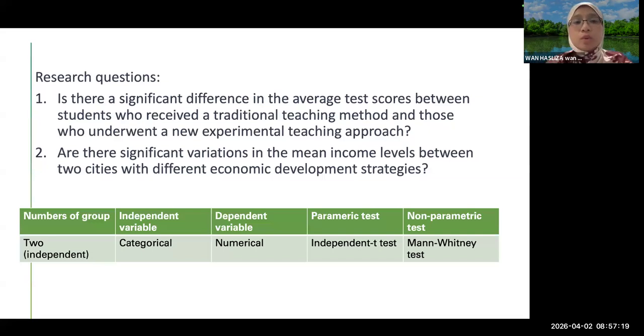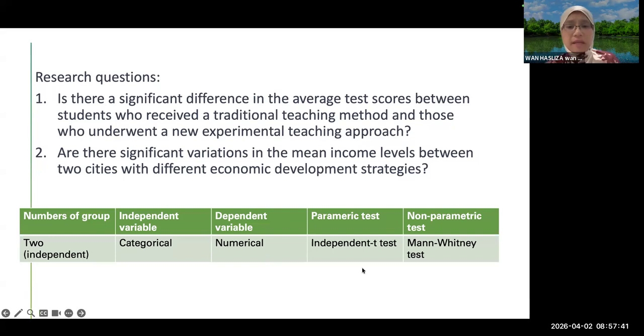So you only have two groups, which is categorical. Group 1, those using the traditional method. Group 2, those with the new method. And then the dependent, which is the test score, is numerical data. Whether 100, 80 or 60, it depends. So that one is numerical.